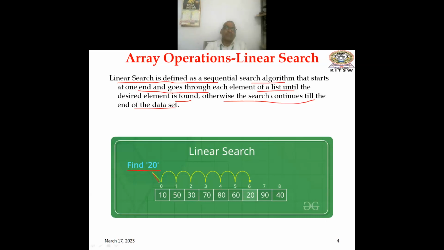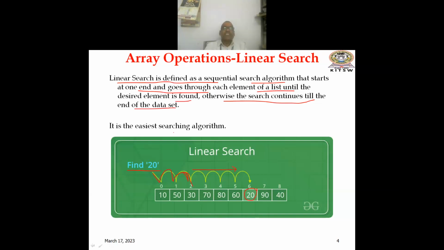We start from the 0th index. If it is not 20, we search the first index, and if not, we go to the next index. Once we reach the 6th index location, the element 20 is found. This is what we call a sequential search or linear search.